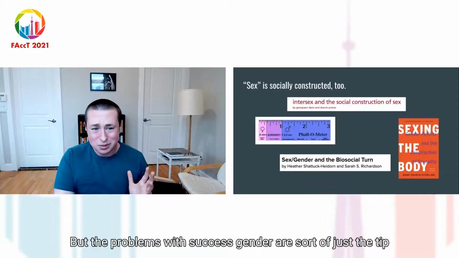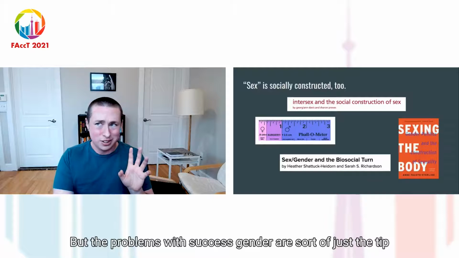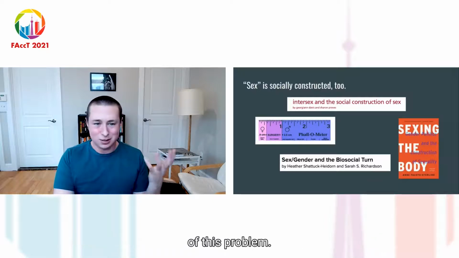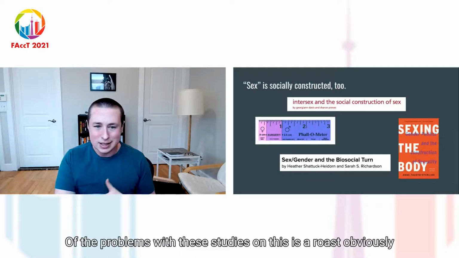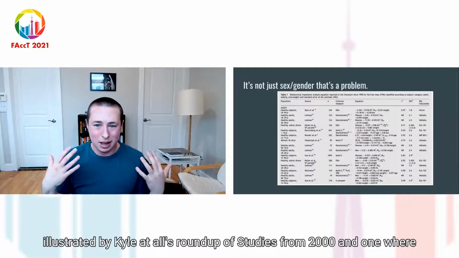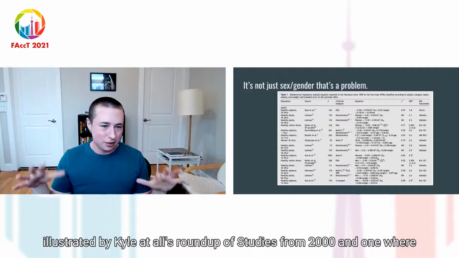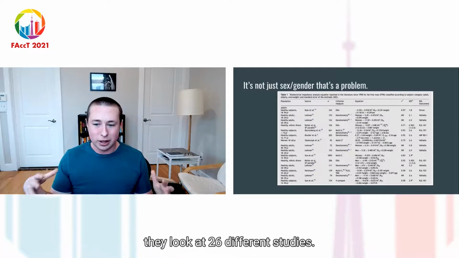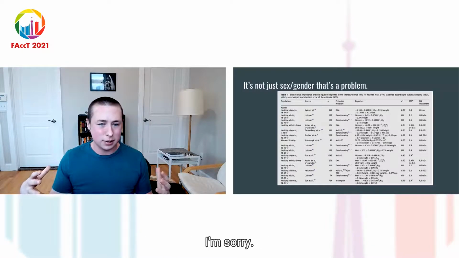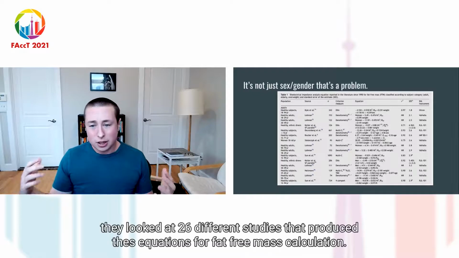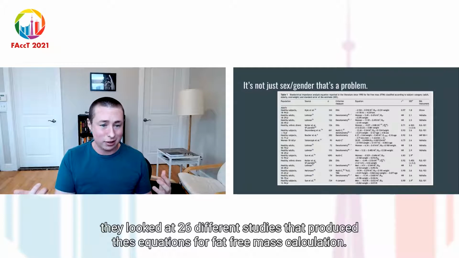But the problems with sex/gender are just the tip of the problems with these studies. And this is most obviously illustrated by Kyle et al.'s roundup of studies from 2004, where they look at 26 different studies that produced these equations for fat-free mass calculation.